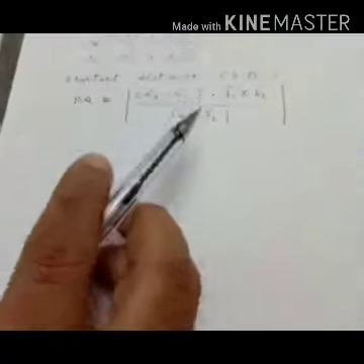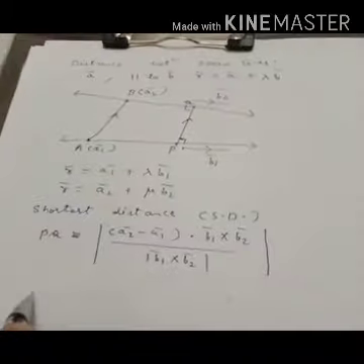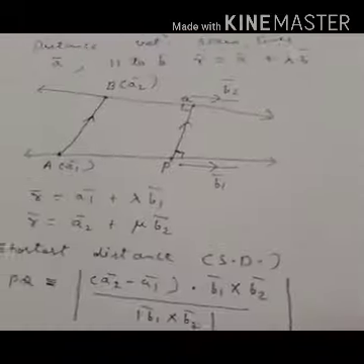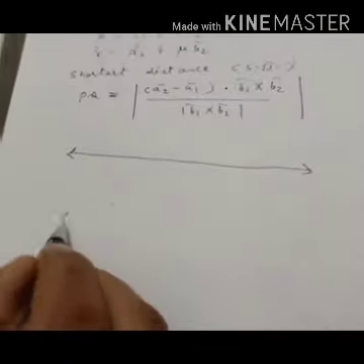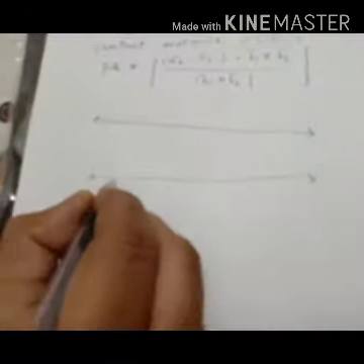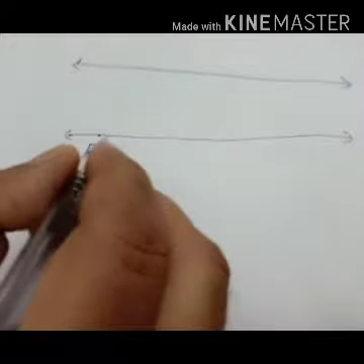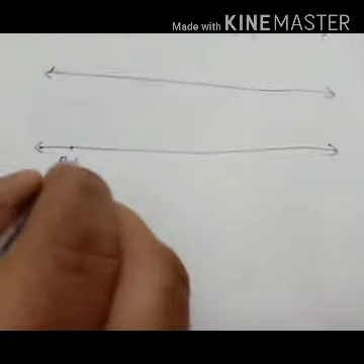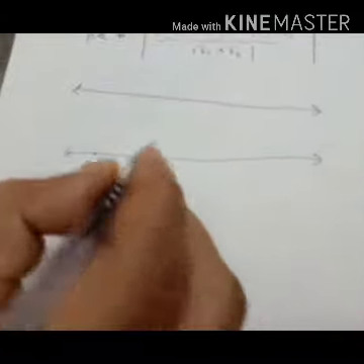Now here the equations of lines are in vector form. Instead of that, consider two skew lines. Suppose we know the coordinates of one point on each line: A, x1, y1, z1.